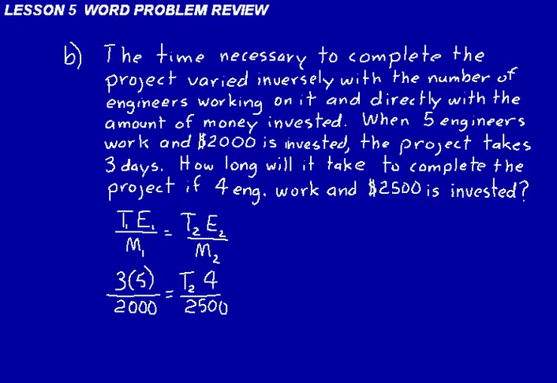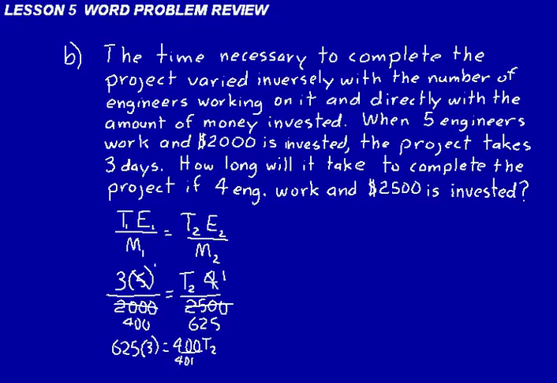Now we can simplify a little bit here. 5 over 2,000 would just be 1 over 400. And then 4 over 2,500, that's the same thing as 1 over 625. So now we have 625 times 3, just cross multiply is what I'm doing here. 625 times 3 is equal to 400 T2.